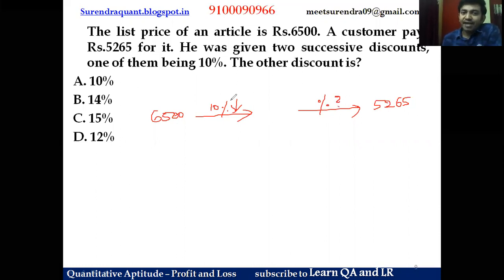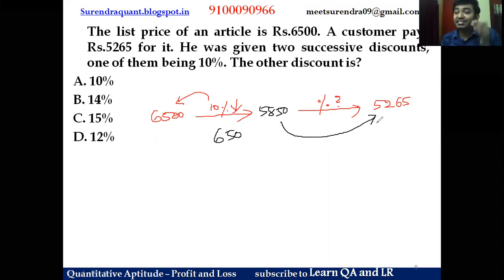If 10% is discounted from 6,500, what is 10% of 6,500? 650. What is 6,500 minus 650? 5,850. Now from 5,850, what is the percentage discount to get 5,265?